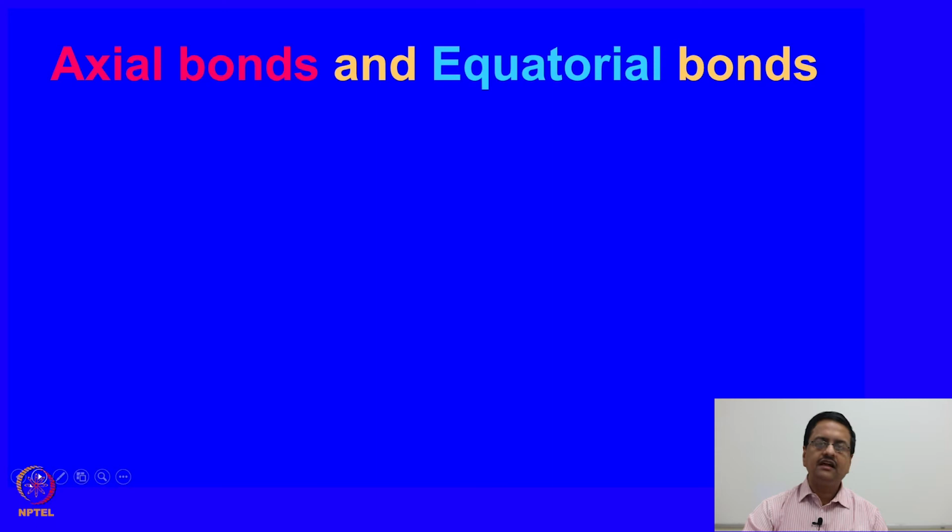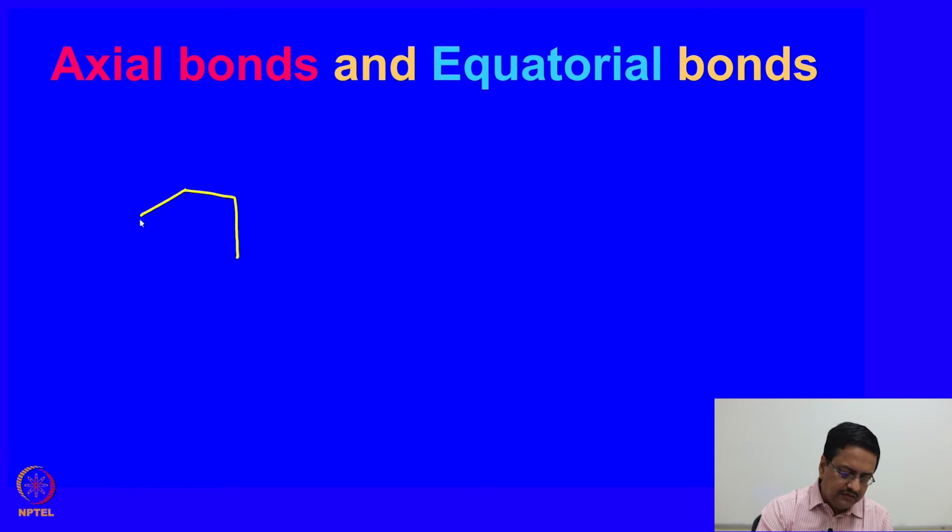Now when we look at the cyclohexane molecule, there are two different types of bonds present in this molecule. The hydrogen atom positions are identified as axial bonds and equatorial bonds. When you look at the molecule from the top, it would actually look like a planar molecule.